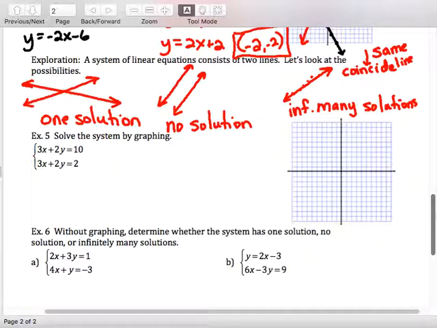So again, solve each one for y equals mx plus b. So you can see a beautiful connection to why I kept emphasizing solve for y, solve for y. We're using that skill.